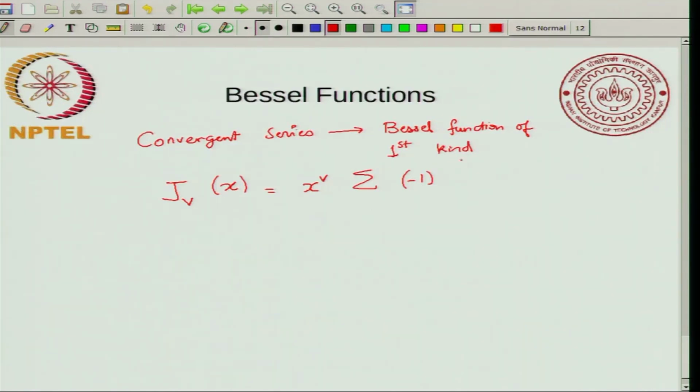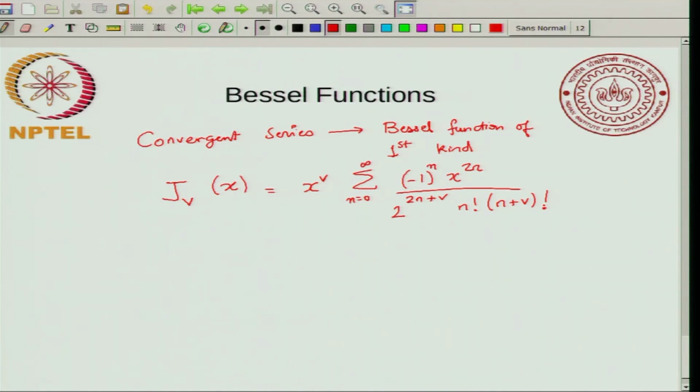This is the sum from n equal to 0 to infinity of minus 1 raised to n x raised to 2n, since only even n survive, divided by 2 raised to 2n plus v, and then you have n factorial and n plus v factorial. So, this is what you get.